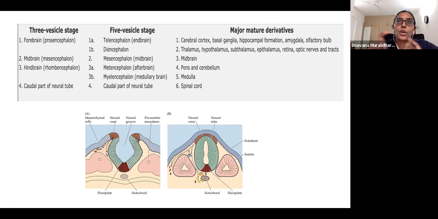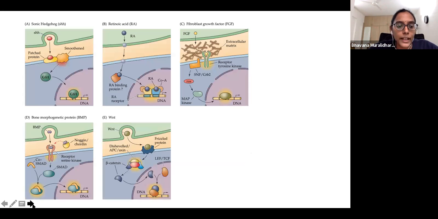And then there is this crosstalk between the two, which then patterns the entire brain. So I'm now going to give you examples of 4 such important signaling molecules. These are signaling molecules which are very, very important in patterning the very first few steps of nervous system development, and then give you examples of how this patterning happens in the entire tube, maybe across the anterior posterior end, or the dorsoventral end, right?